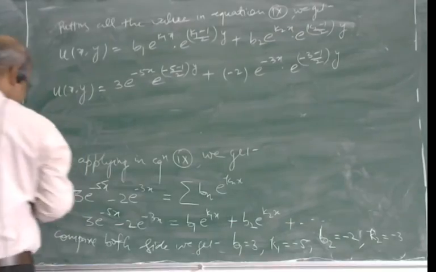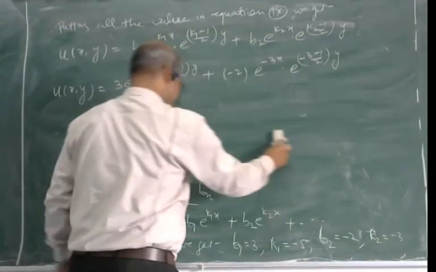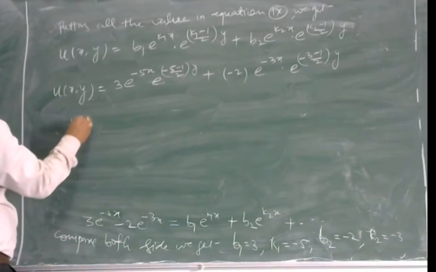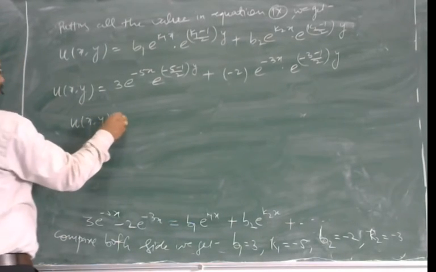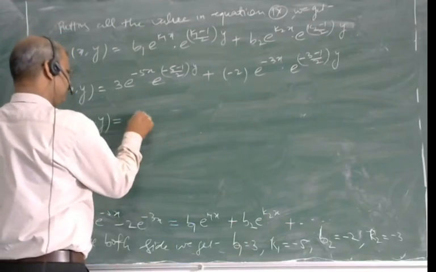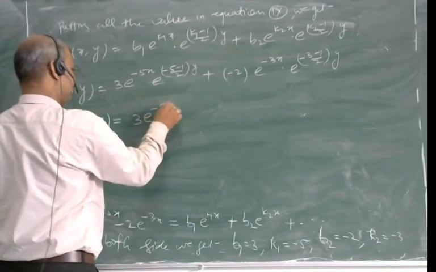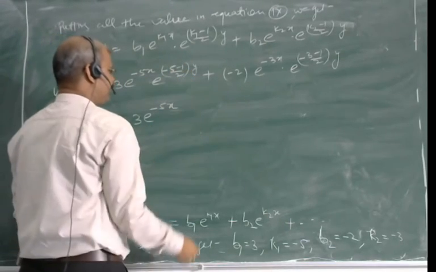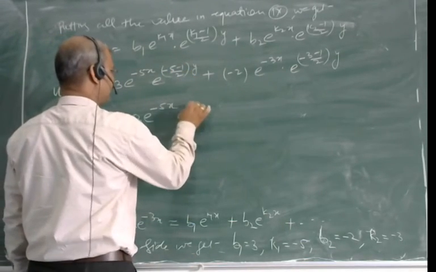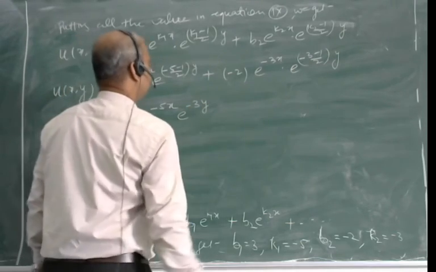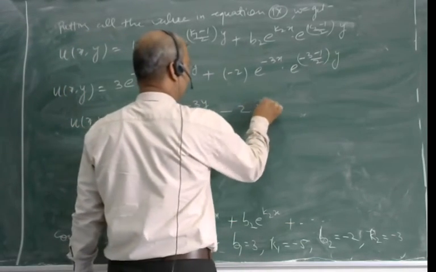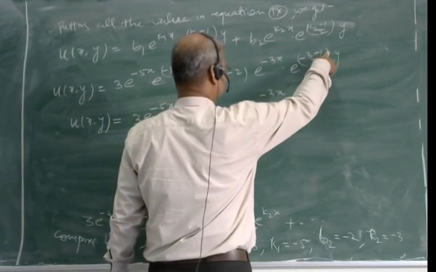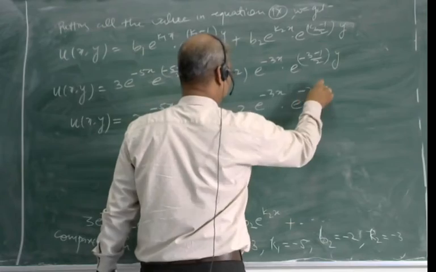So by doing this, we will reach the result u(x,y) equal to 3 e to the power minus 5x e to the power (minus 5 minus 1) which is minus 6 by 2, that means e to the power minus 3y, minus 2 e to the power minus 3x into e to the power (minus 3 minus 1) which is minus 4 by 2, y.